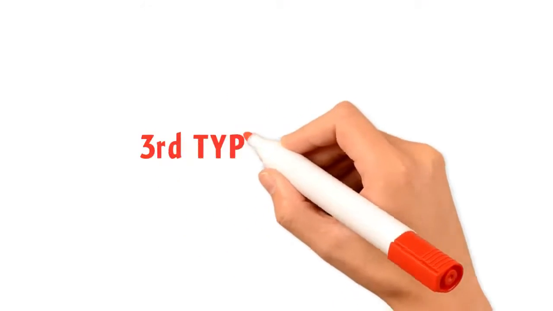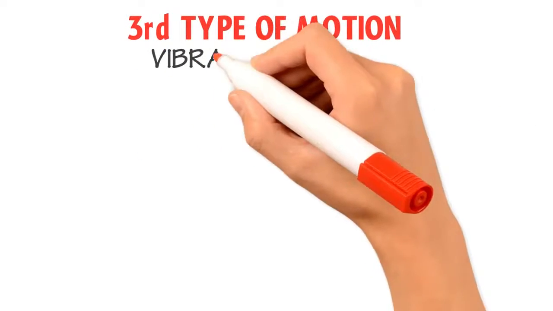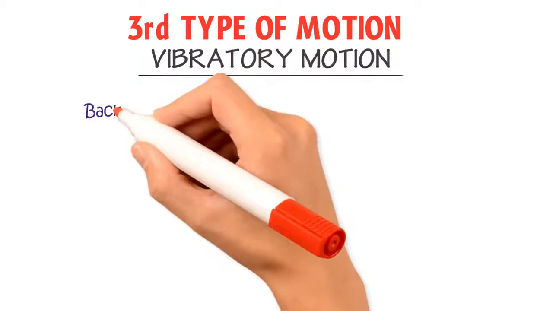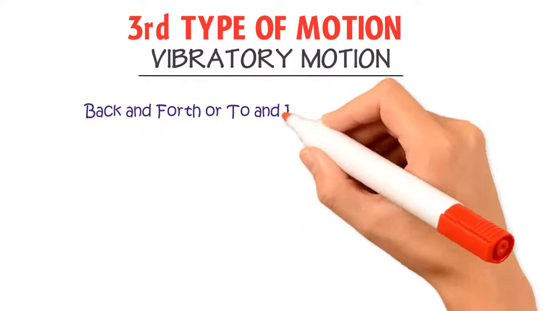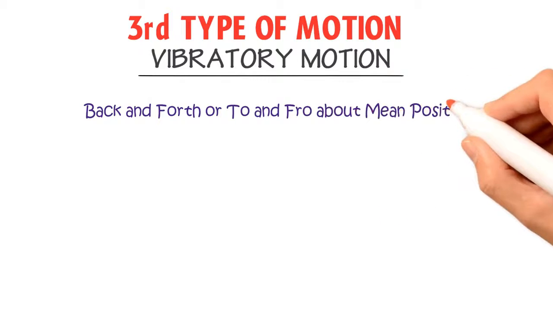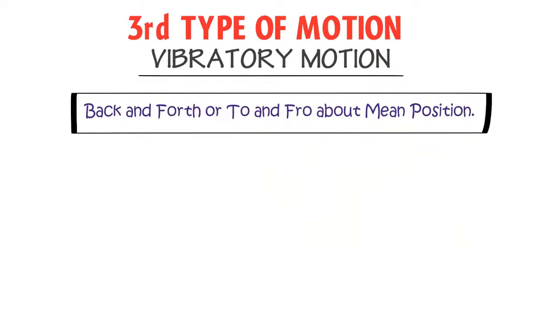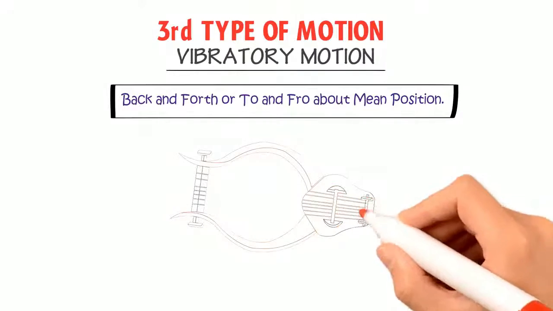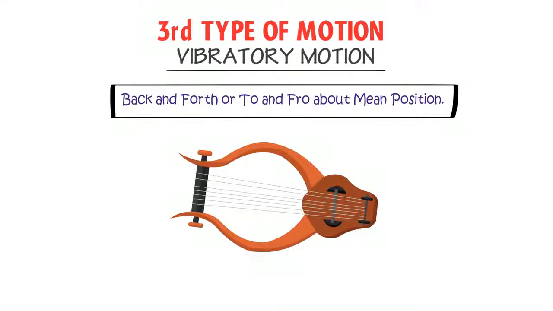At last, let me teach you the concept of the third type of motion, which is vibratory motion. The back and forth motion or the to and fro motion of a body over the same path about its mean position is called vibratory motion. For example, the motion of wires of a sitar or violin.